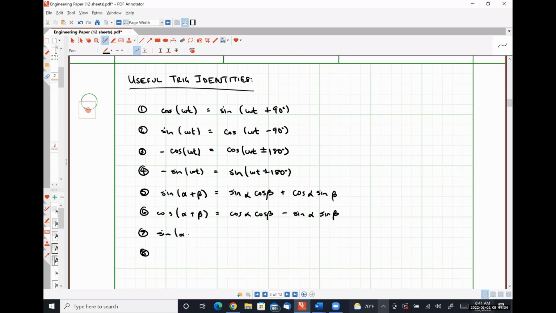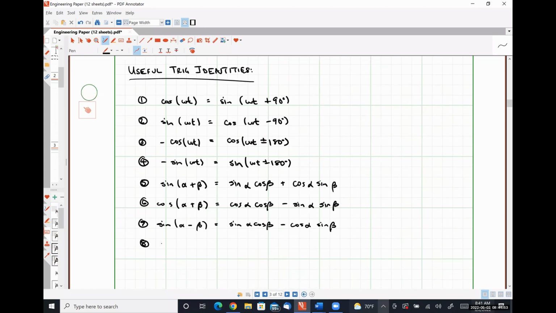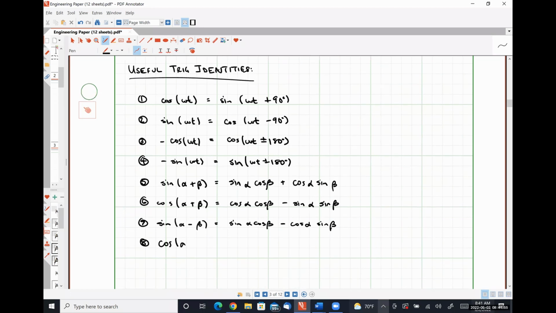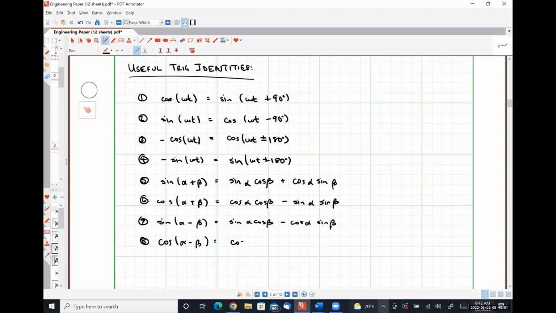And we'll have sine of alpha minus beta is equal to sine alpha cosine beta minus cosine alpha sine beta. And lastly, cosine of alpha minus beta is equal to cosine alpha cosine beta plus sine alpha sine beta.